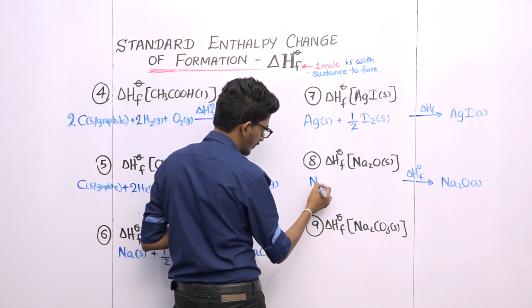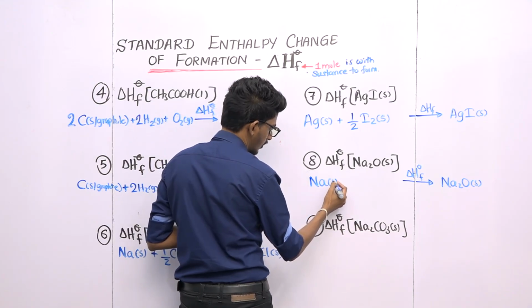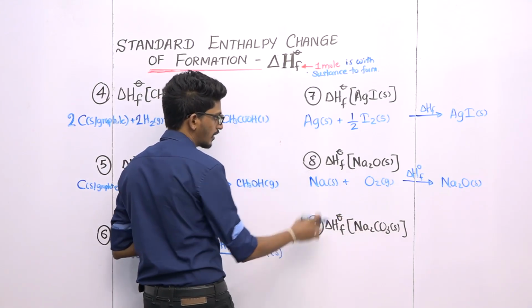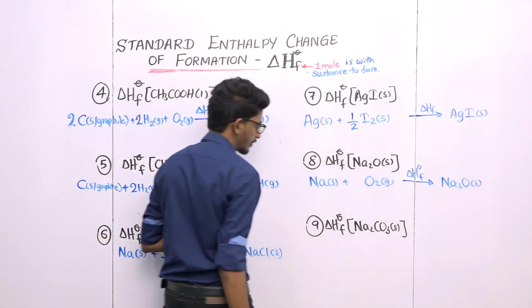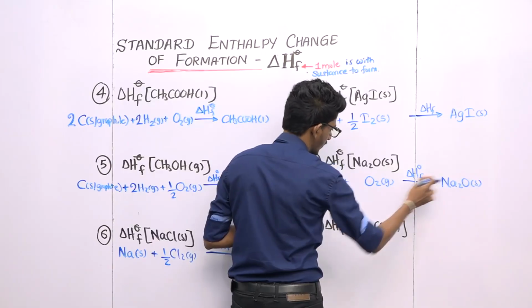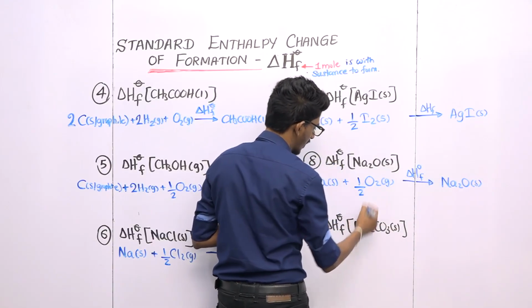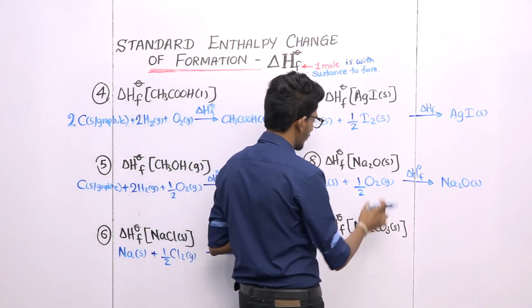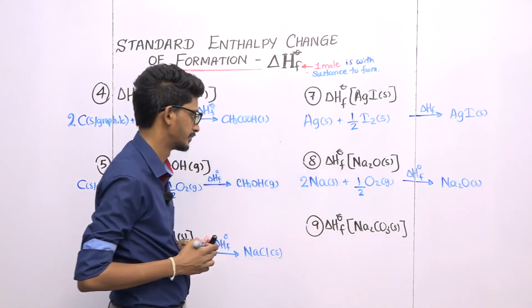The reference form of sodium is sodium solid. Oxygen's reference form is O2 gas. So you are with 2 sodium atoms, so you need to come with 2 here and just 1 oxygen here, so this should be multiplied by half. So that is the formation enthalpy of sodium oxide solid.